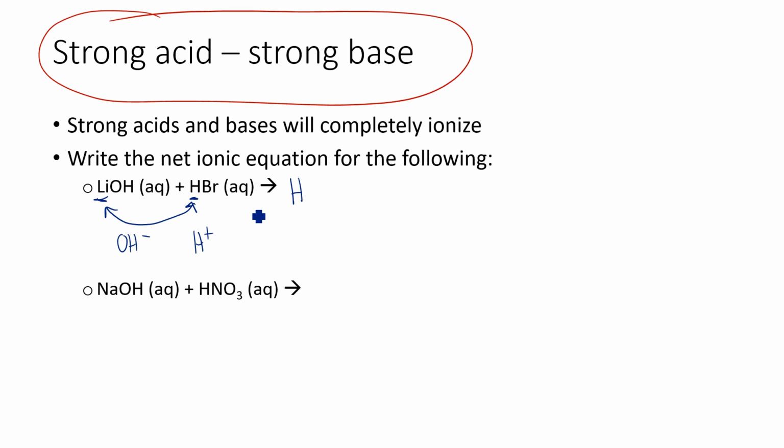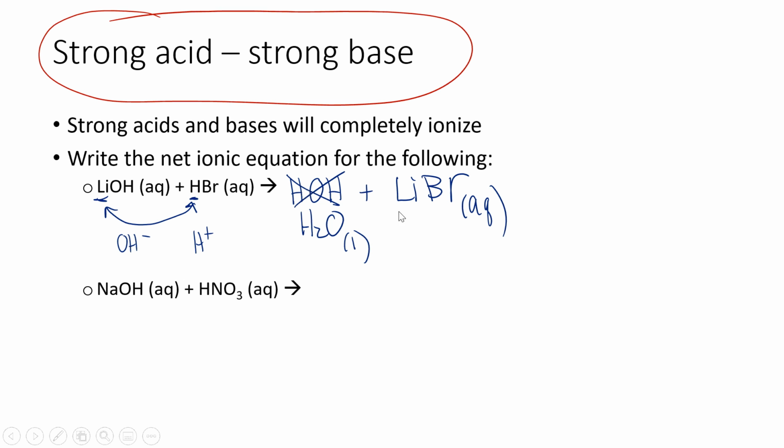So you have a hydrogen going with the hydroxide, and then the lithium goes with the bromide. Hydrogen hydroxide, we more commonly write that as just H2O, and that's a liquid. And then lithium bromide, if you look at your solubility rules, it contains an alkali metal, so it's going to be soluble. We don't need any subscripts here or coefficients to balance, so that made that part easy.